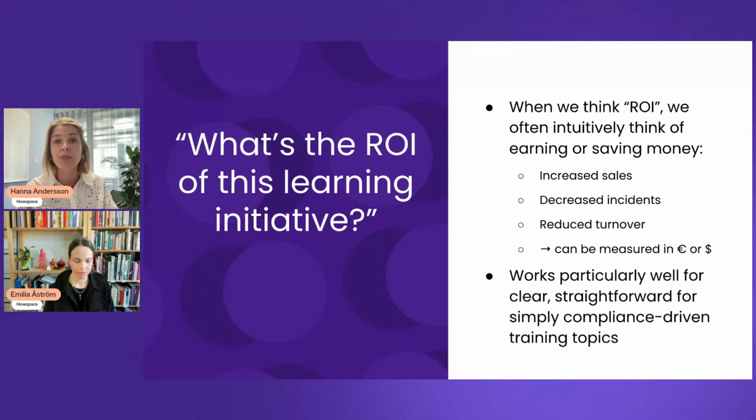So that would show up in your monetary result. And there's a clearer connection between the reaction, so whether people attended, whether people completed the course, maybe between learning, if there was some sort of a test. There's a clear connection from that level all the way up to the result.